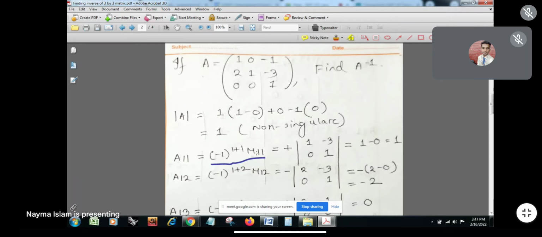The remaining matrix is 1, minus 3, 0, 1. Now the determinant of this 2 by 2 matrix is 1 into 1 minus 0 into 3, that means 0, so the answer is 1. So the A11 value is 1. That is how I find A11. Is it clear to everyone?